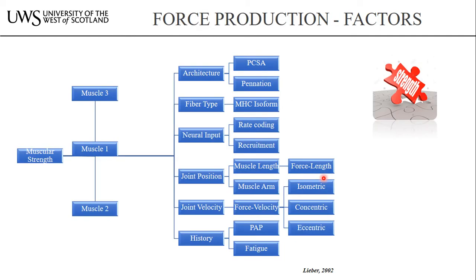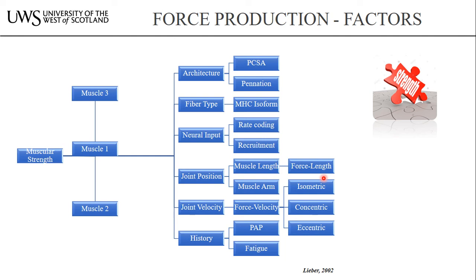Well, once defined the key elements or the key definitions of force and the specific rules or laws we should take into consideration when assessing, analyzing or prescribing exercises, we can then move on and consider the specific determinants and mechanisms underpinning force production.